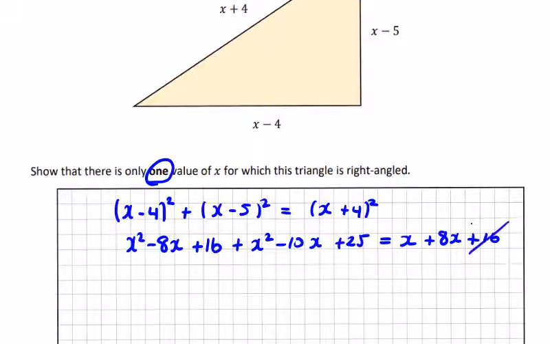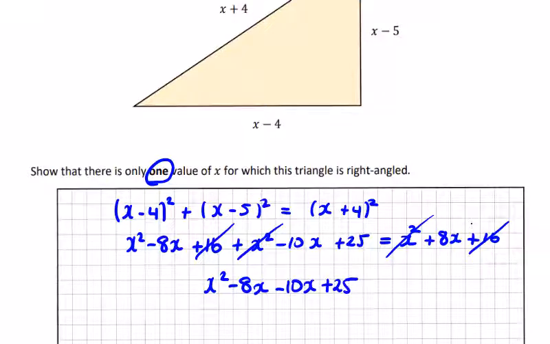Multiplying these brackets out, if there's something the same on both sides with the same sign, you can cancel away. So what are we left with now? There's an 8x and a minus, so we can't cancel them. So let's just write down what we're left with. x squared minus 8x minus 10x plus 25, and bring across the other minus 8x, and we've left nothing there.